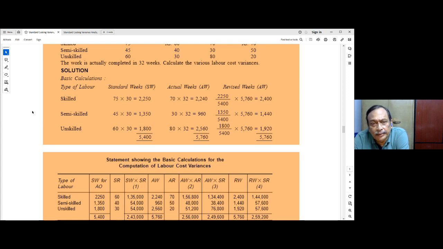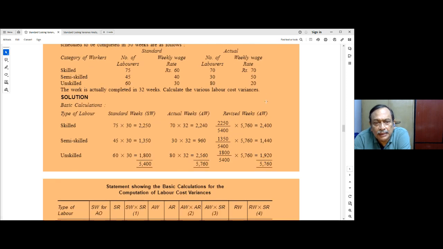Then standard weeks, that is SW, that is the number of laborers as per the standard multiplied by 30 weeks. It comes to 2250. Then for semi-skilled, 45 into 30, it comes to 1350. And unskilled, 60 into 30, that is 1800. So total standard weeks comes to 5400.